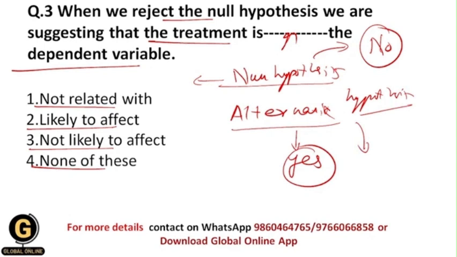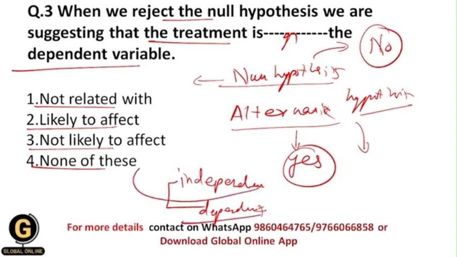So it means that the treatment is likely to affect the dependent variable. It means that whenever we study the variables in the research process, there are two common types of variables, and those are independent variables and dependent variables. And whenever there is a relationship between these variables, then obviously the independent variable is the cause variable, so it causes some effects in the dependent variable.